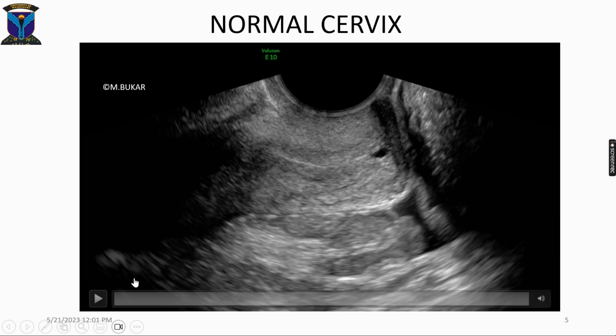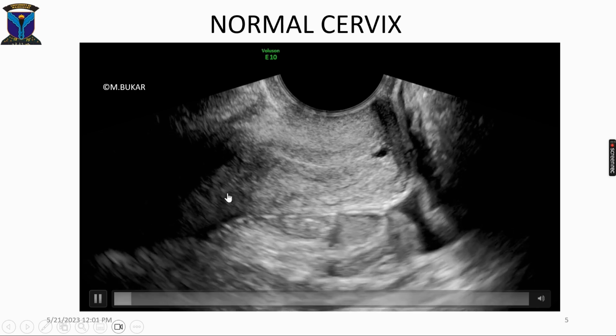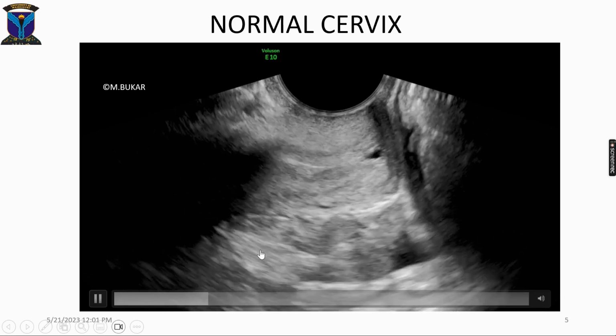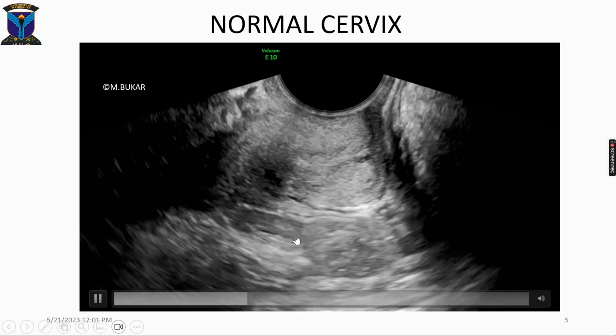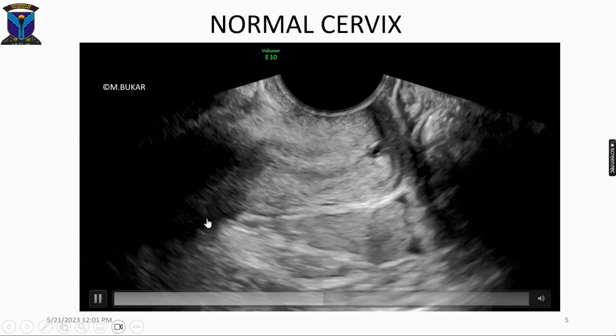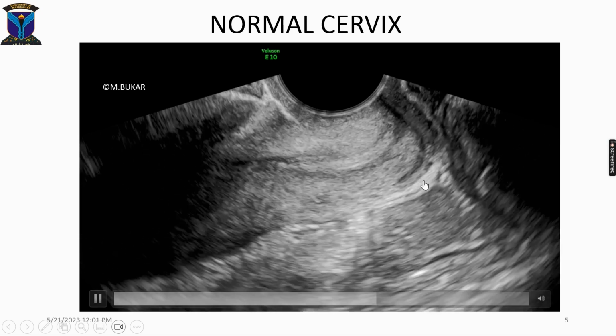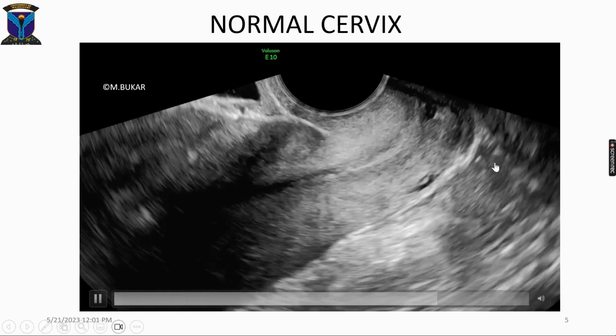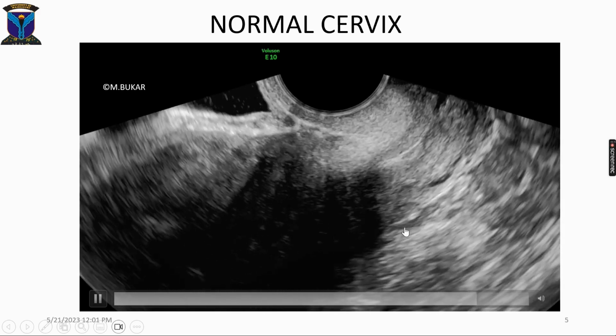This is a video of the cervix, also demonstrating freely mobile bowel, suggesting that there are no adhesions posteriorly. In such a case, there is no need to demonstrate the sliding sign posteriorly, because this suggests that there are no adhesions.